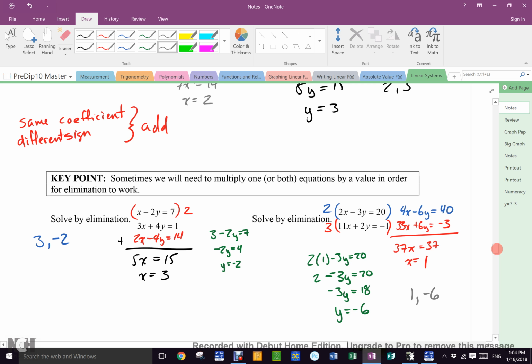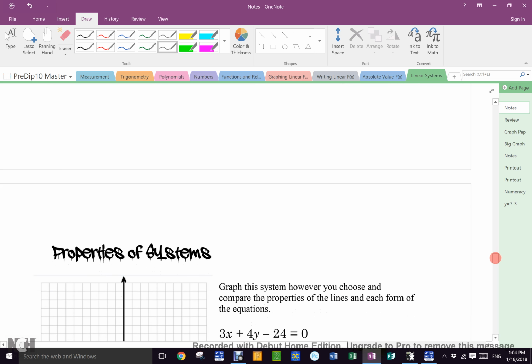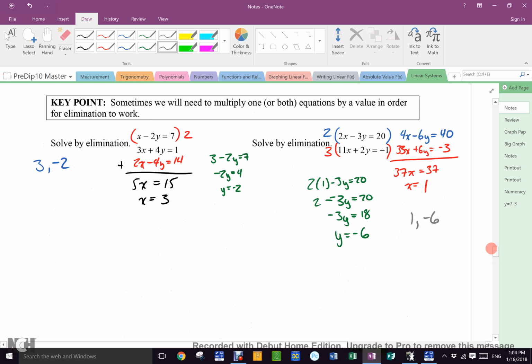Is everybody good? Now, stop for a moment. What would you do with this one? You could multiply 1 by negative 1, and then you could get rid of the x.